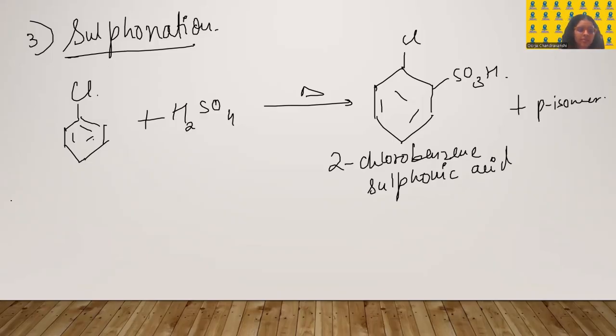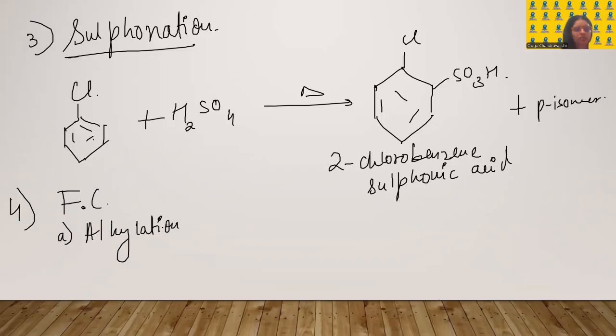And lastly, Friedel-Crafts reaction. Friedel-Crafts shows two types of reactions, alkylation and acylation. So alkylation introduces the alkyl group. It could be CH3, C2H5, anything. And this is acylation.